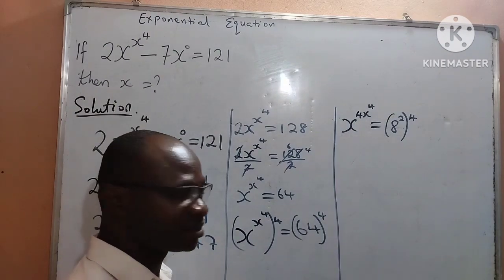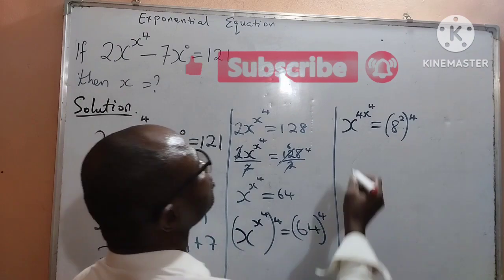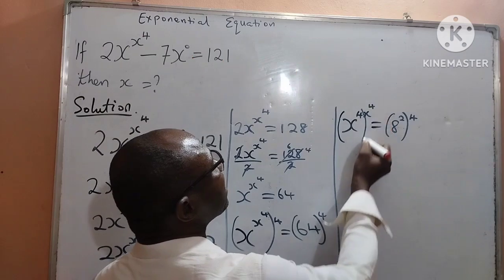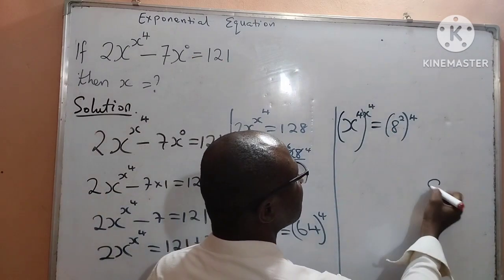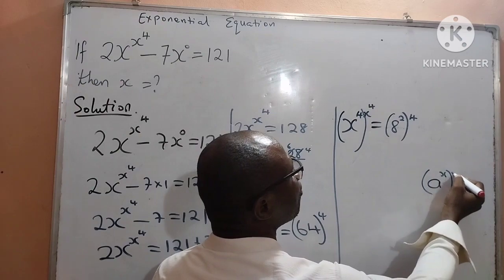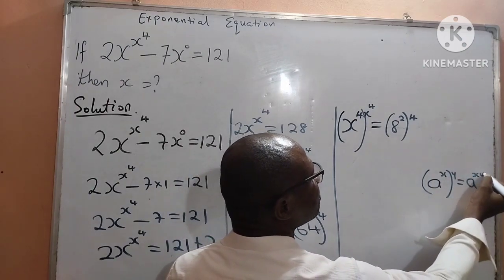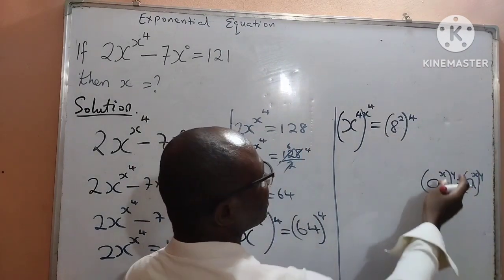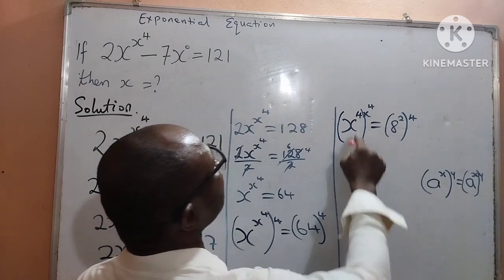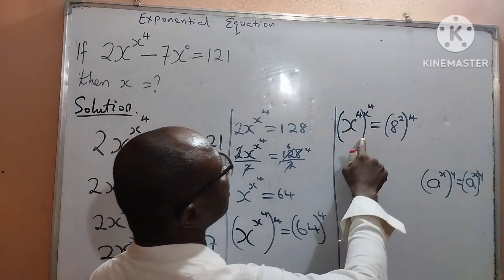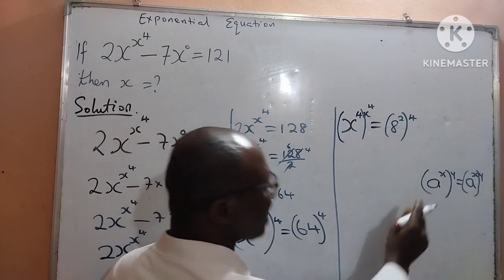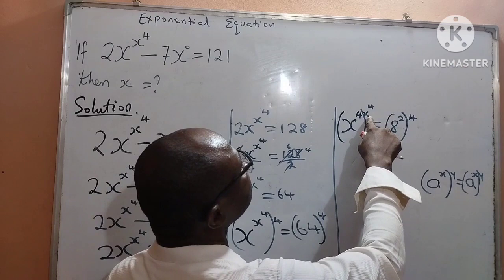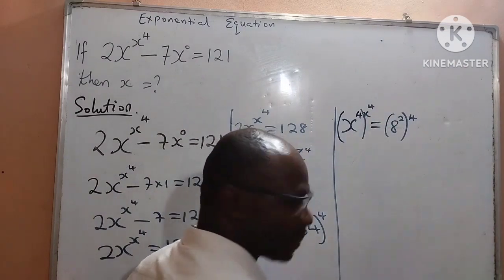Looking from the left hand side, I want to put into the bracket this first part, since the law says that a raised to the power x all to the power of y is the same thing as a raised to the power xy. So, I just put it in a bracket. Therefore, this is now written like this, implying that I have x raised to the power 4 to the power of x raised to the power 4.